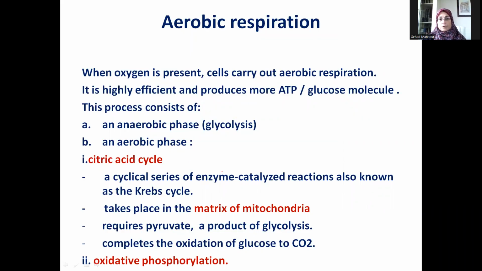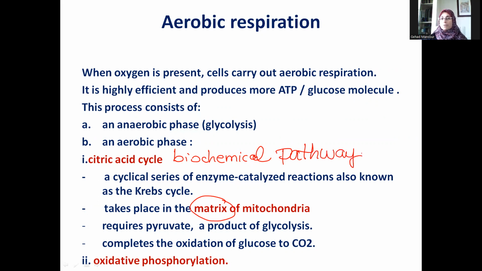The citric acid cycle occurs in the matrix of the mitochondrion, and it is a biochemical pathway, meaning that you have a series of chemical reactions in which the product of a previous reaction is the substrate of the next reaction.